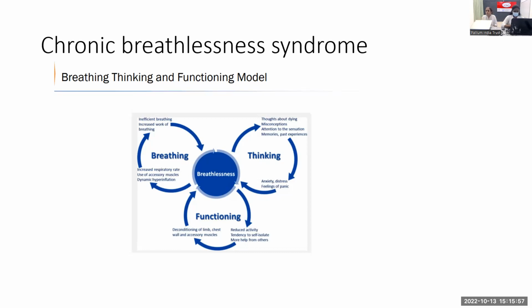They don't move, their muscles become weaker, and then they can't breathe properly, or more effort is needed to breathe. So it is breathing, thinking, and functioning as a cycle. Everything is interrelated. So we have to break this cycle at various places. It is not just about giving one drug and relieving the breathlessness, but it is about approaching all these cycles and breaking the cycle.